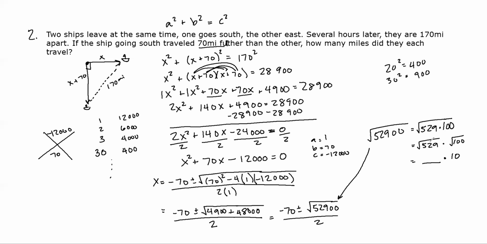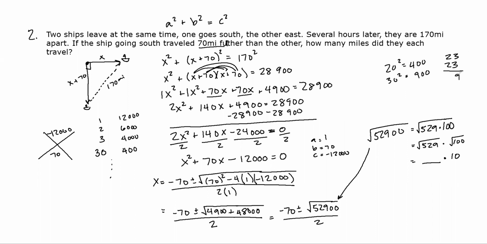To get a 9, we need a 3 times 3. The other option would be 7 times 7, because that's a 49. But we want to say it's closer to 20 because 529 is closer to 400. So I'm going to try 23 times 23. If you weren't sure which one it's closer to, you can just multiply and guess. But you've narrowed it down to between 20 and 30.